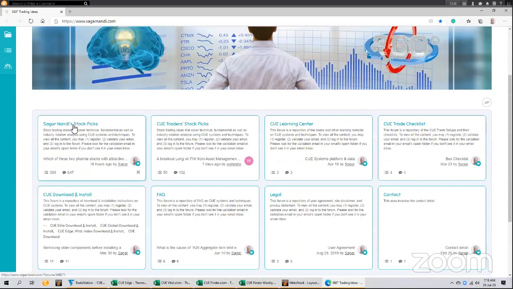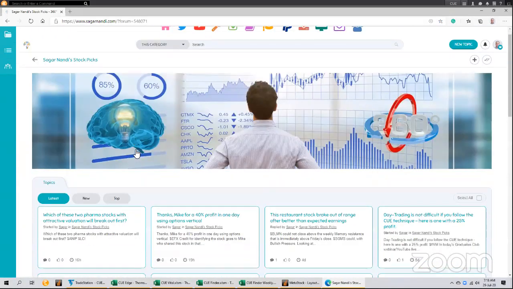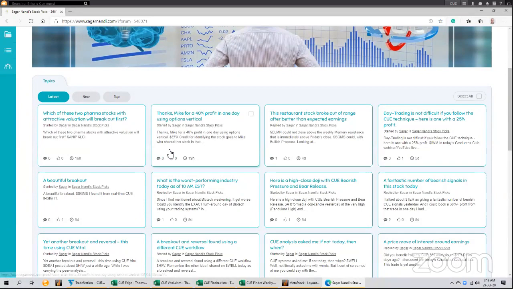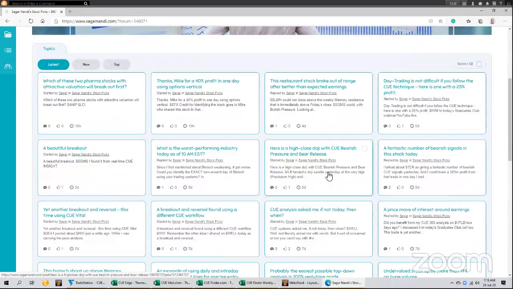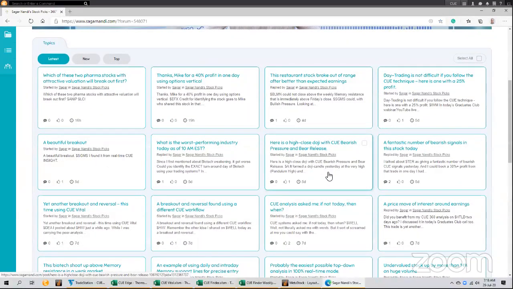Some of the stocks that I shared were DEA, for example, DEA and HIW, and also WELL. All these three stocks were in defensive sectors.